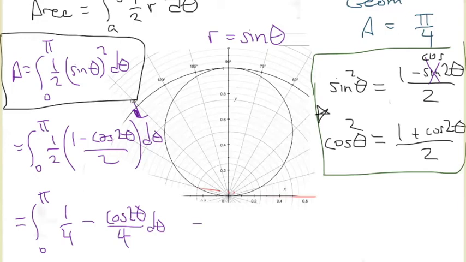And that's going to be theta over 4 minus cosine of 2 theta over 8, evaluated from 0 to pi, I believe.